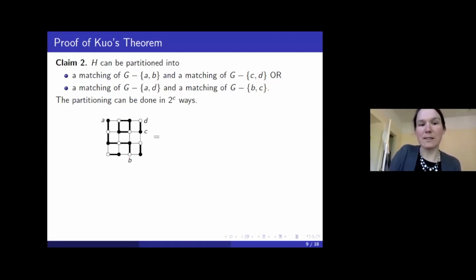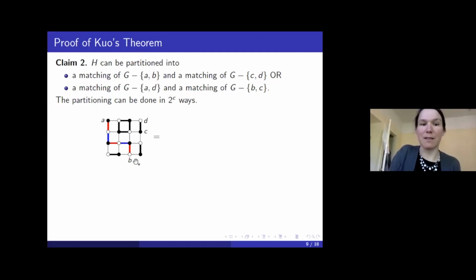And the reason is because we saw in the previous slide that all paths have odd length. So that means that the matching that we put this edge incident to A into is going to be the same matching that we put the edge incident to B into.